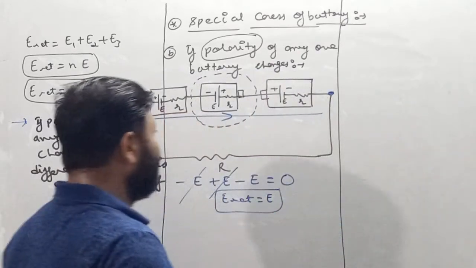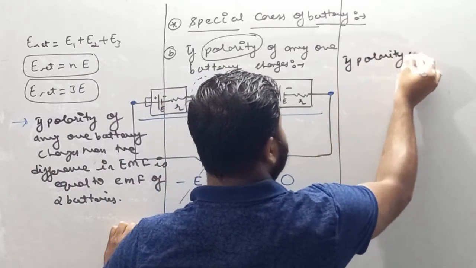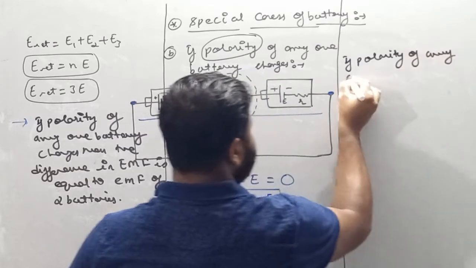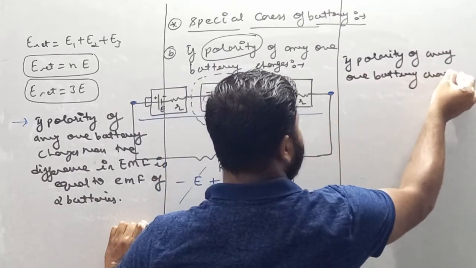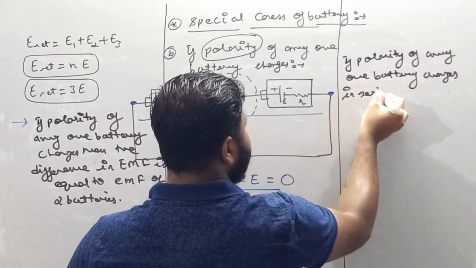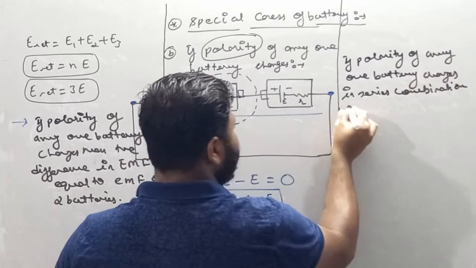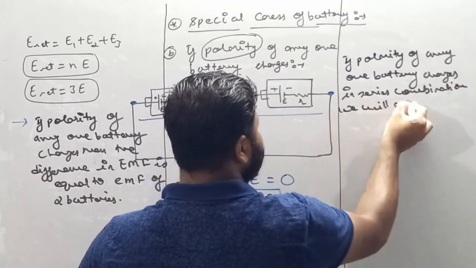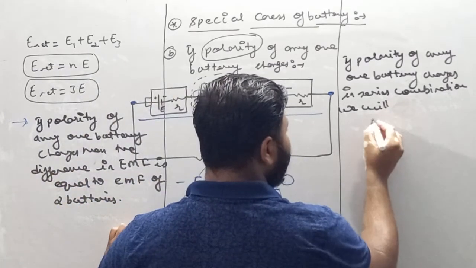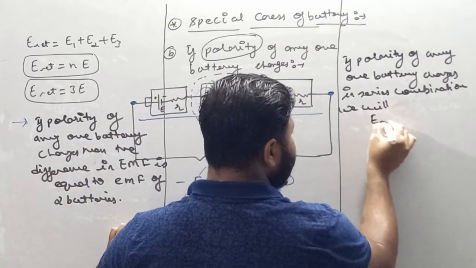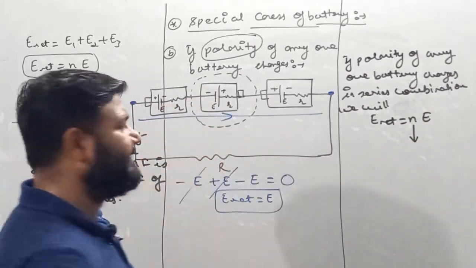So what we'll say? We'll say if the polarity of any one battery changes in series combination, we will get, instead of E net equals NE, a difference of two batteries' EMF.